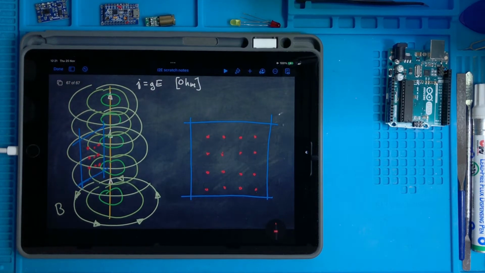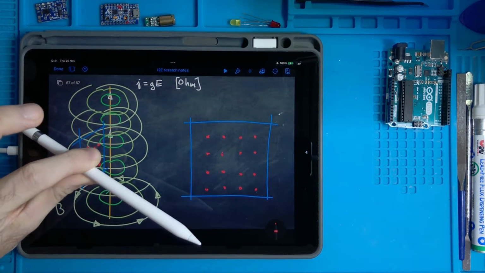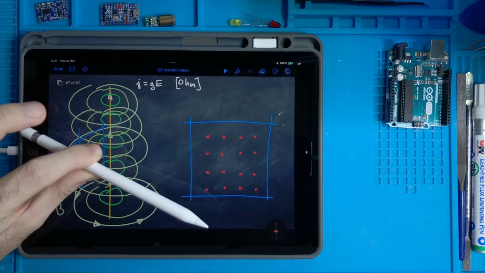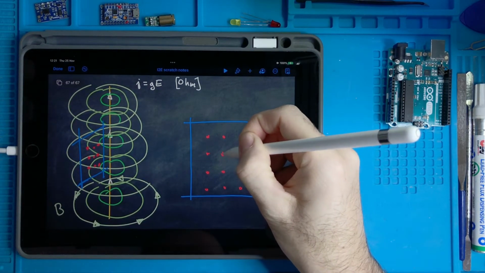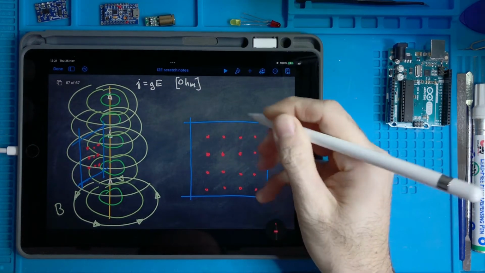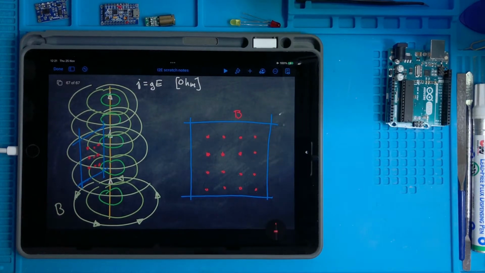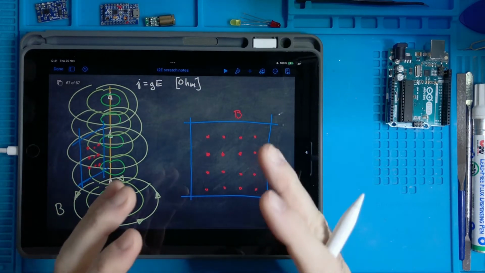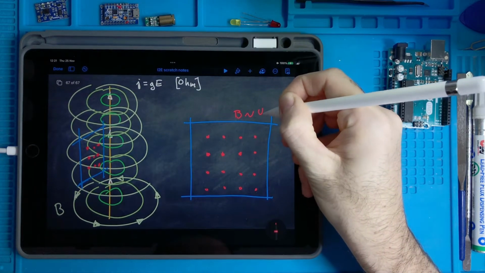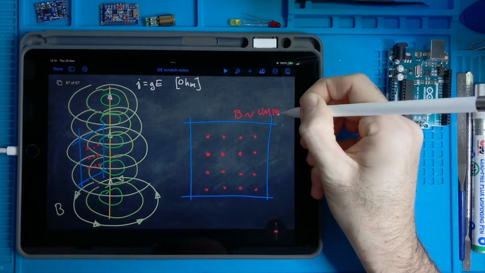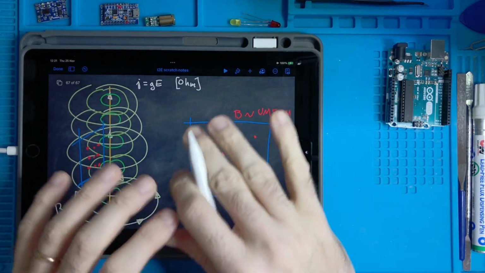These are the tips of the vectors of the magnetic field passing through this surface. So these are all B in this case. Now in this situation, let's say that B is almost uniform in space.